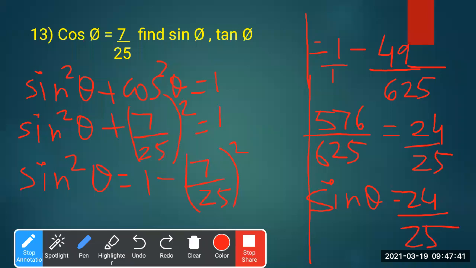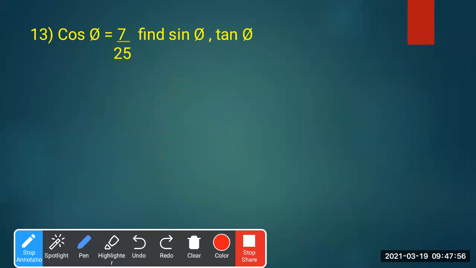Okay, this is what we got using the trigonometric identity, that is sin theta is equal to 24 upon 25. Now, one additional thing they have asked, that is find the value of tan theta. We know cos theta as 7 upon 25 and sin theta we got first, 24 upon 25.